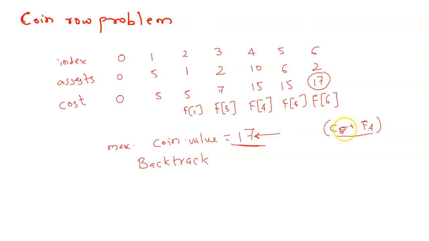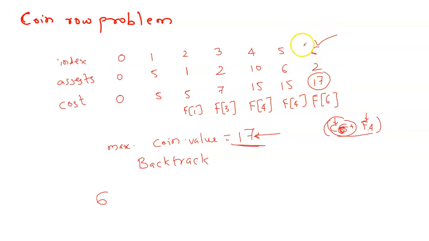That means C6 is mandatory, because only from F4 we haven't got the maximum value. For F4, once we added C6, the cost of the sixth coin, then we got the maximum value. So you have to keep the sixth coin, because we got the maximum value once we added C6 and F4. So C6 is very important here. That means the sixth coin should be picked if we want to get the maximum value. So the sixth coin we picked.